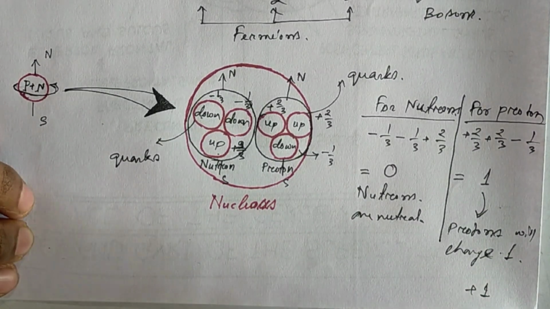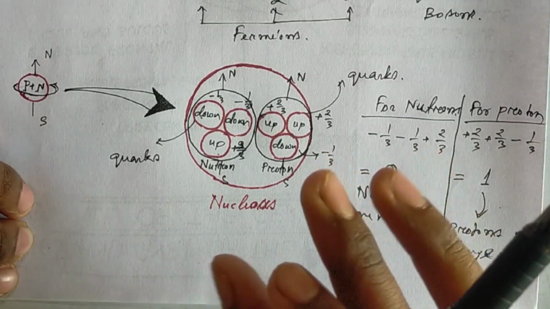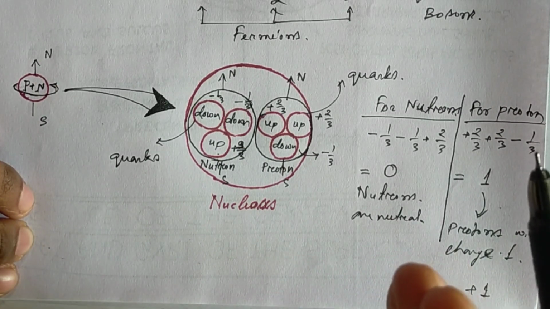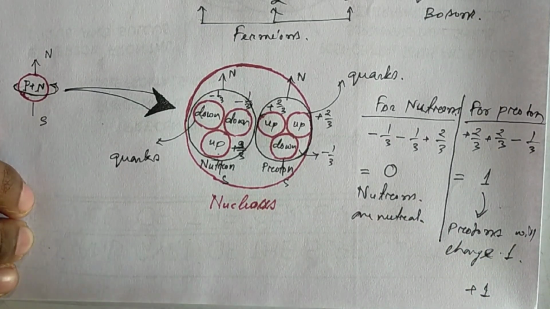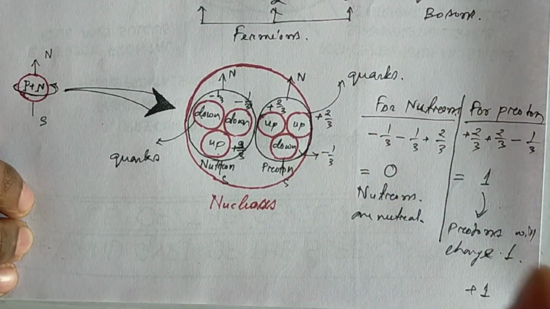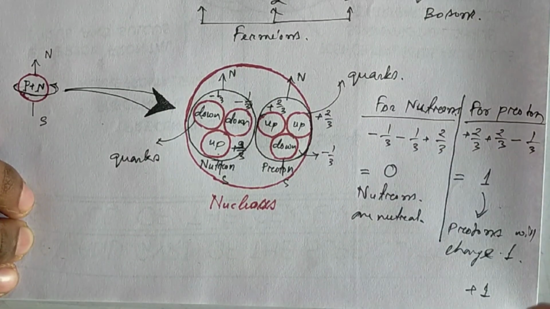Similarly, in neutrons there are subatomic particles called quarks, two types of quarks, where one type is positive and one type is negative. As the negative part and positive part inside the neutron are equal, they cancel out each other. That's why it acts as a neutral particle, but it has charge.